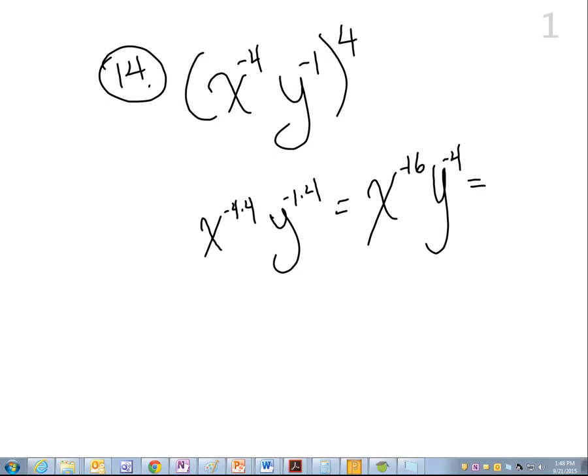And then what does the law of negative exponents say? Come on, I'm not using that program. How do we make these positive? By flipping it. It makes it shoot itself down to the denominator.